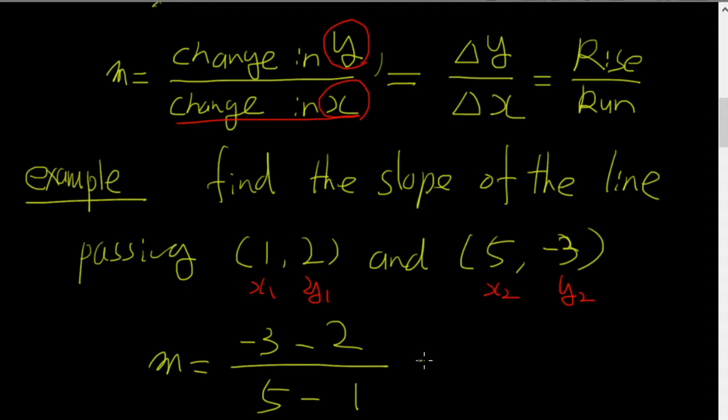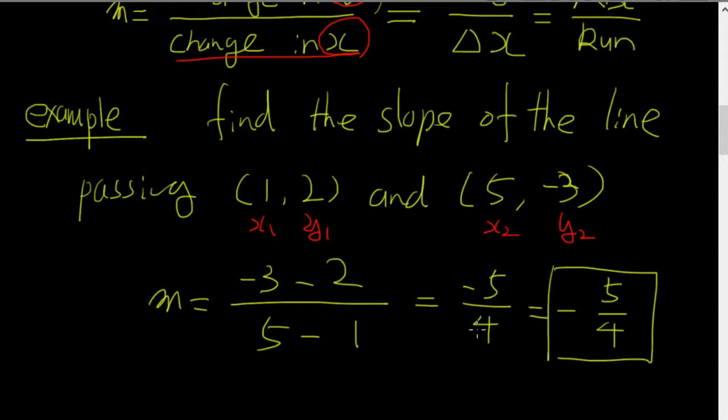I mean, easy as this, -5 over 4. You can leave it like that, or if you want, you can pull this negative to the front, write it like this. That's our slope, right? That's our slope. I guess that's not too bad, right? That's not too bad. So that's a slope, and that's the formula that we need to memorize.